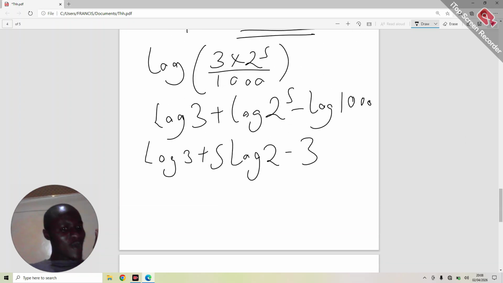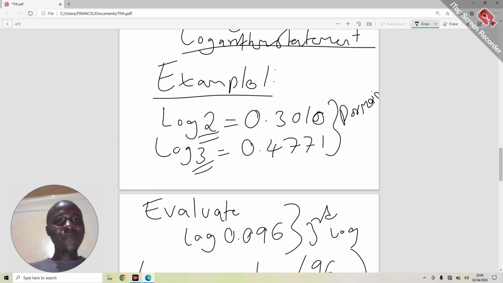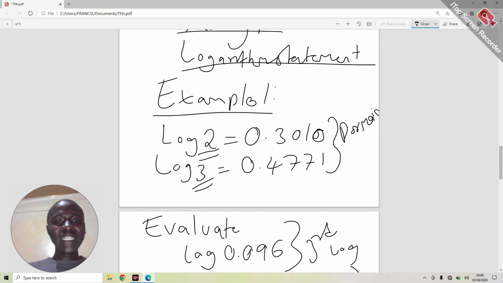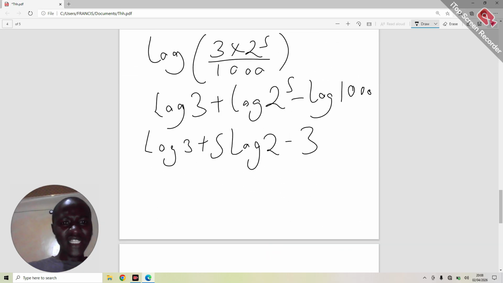Now, if I take you back to the domains, remember we have log 3 plus 5 log 2 minus 3. What is our log 3 representing? 0.4771. And what is log 2 representing? 0.3010. We are good to go. That is what we want. So just substitute.